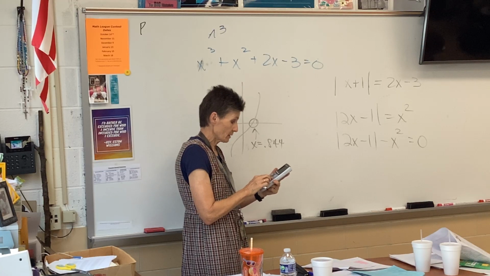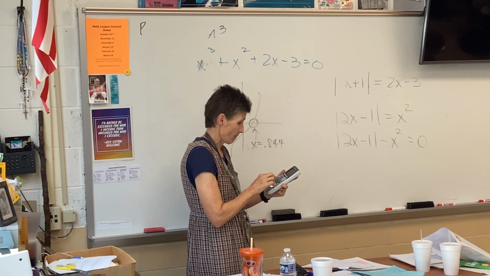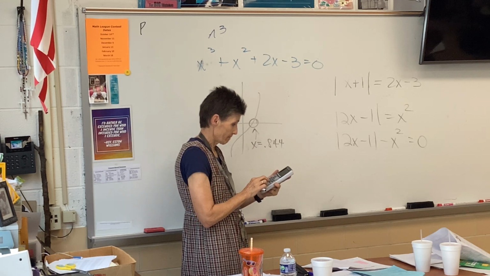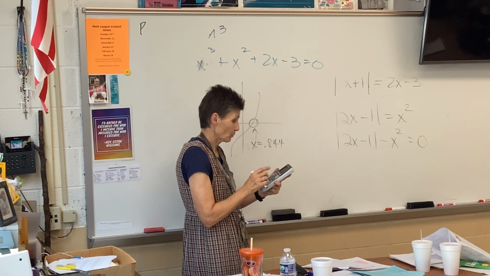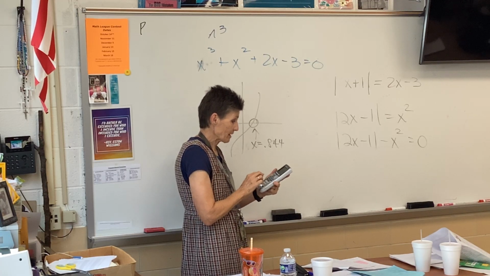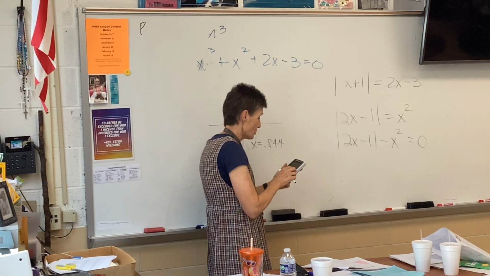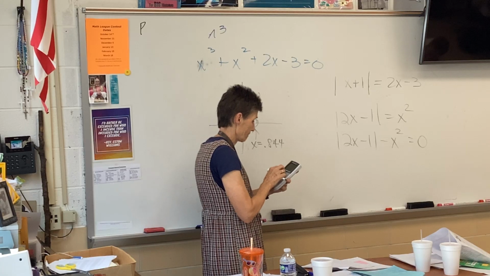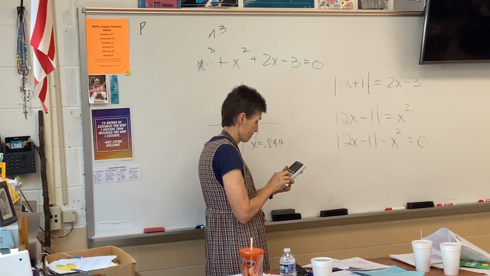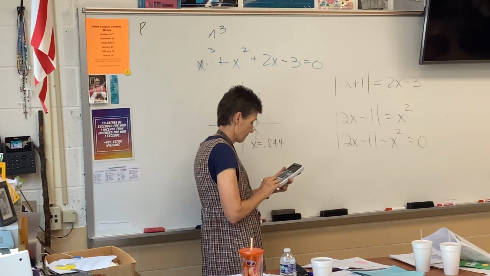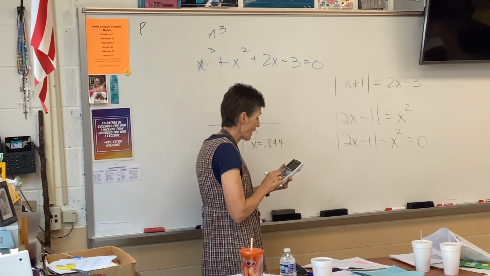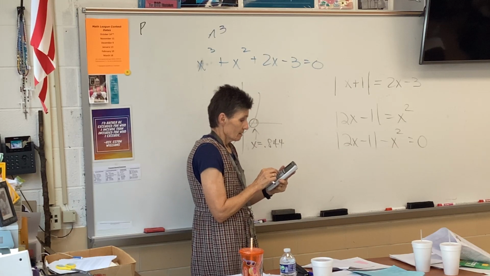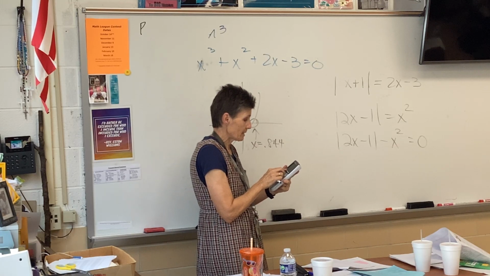So y equals, clear out the old, put in the new. Redoing the first one, because I couldn't figure it out from the intersection, so I'm going to do it with zeros. When you graphed it, how many points of intersection do you see?